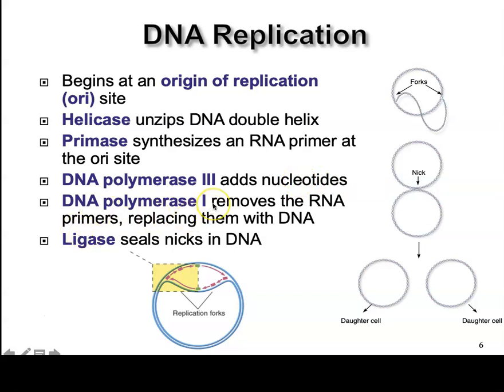DNA polymerase 1 is going to remove the RNA primer that primase put there, and replace it with DNA. And at the end of the process, ligase is going to seal the DNA back up. There'll be little holes, and it will seal everything like glue.